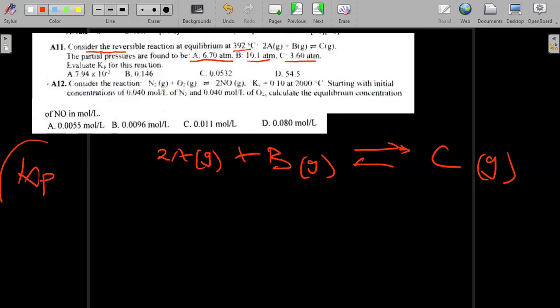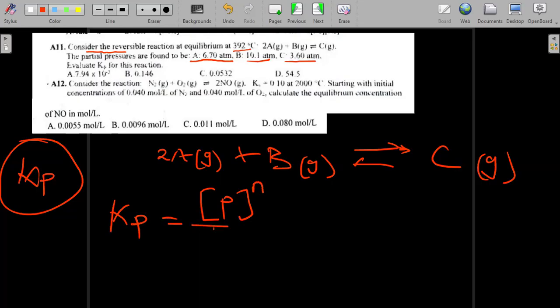Okay, evaluate Kp. So we know that Kp will just be given by the concentration of the product raised to its coefficient of moles, so we can say N, divided by the reactant.